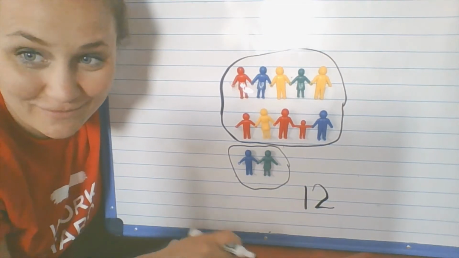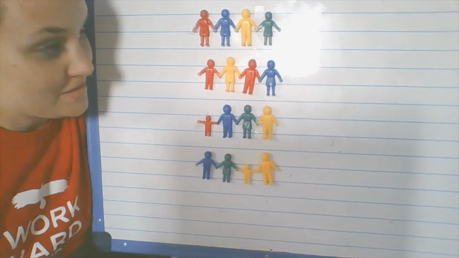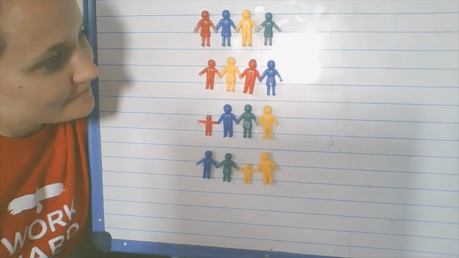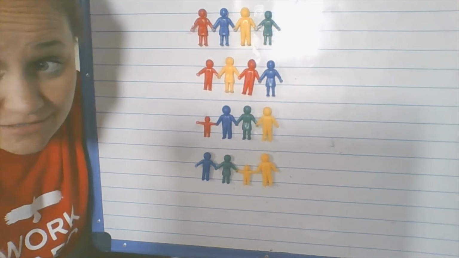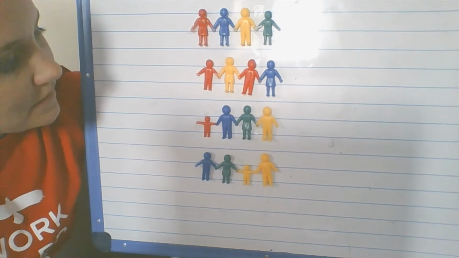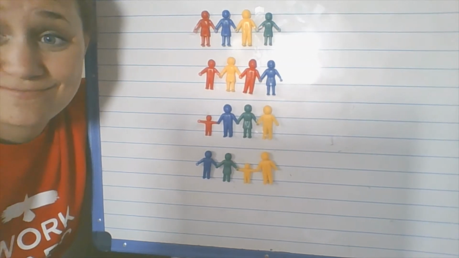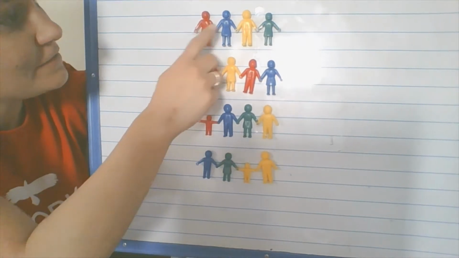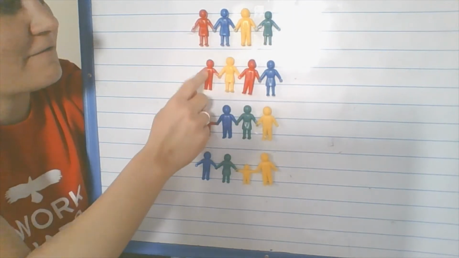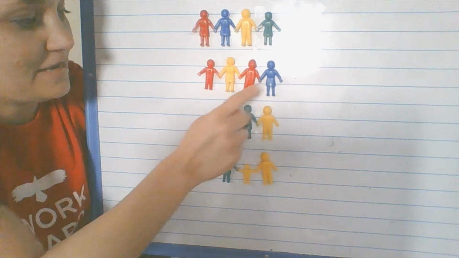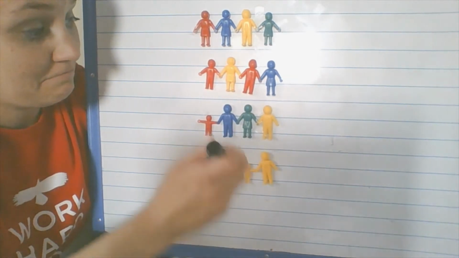So we know that there are 12 little people here. So here's another array. Wow, this one looks different than the last one. Let's just start by counting up to 10. 1, 2, 3, 4, 5, 6, 7, 8, 9, 10.